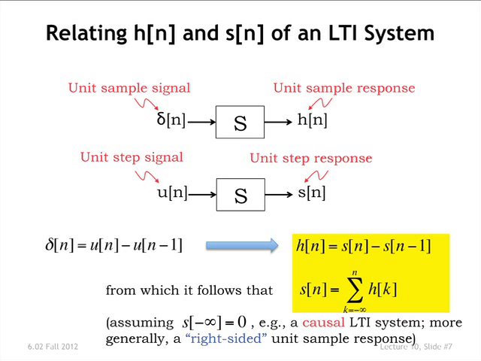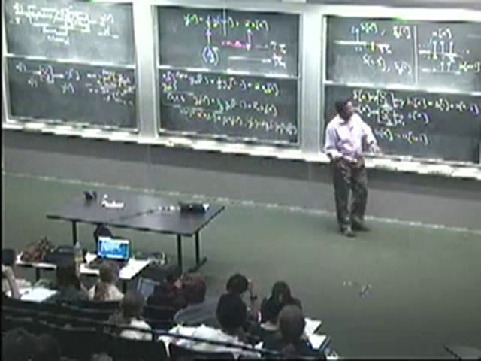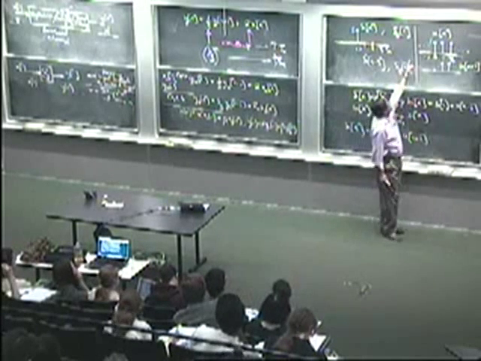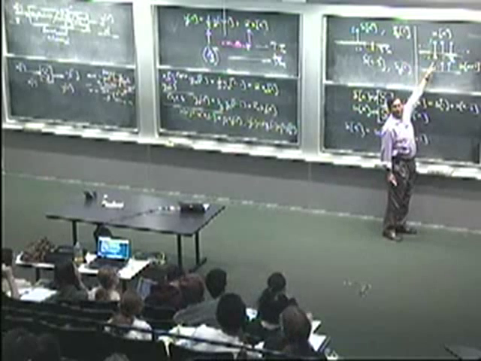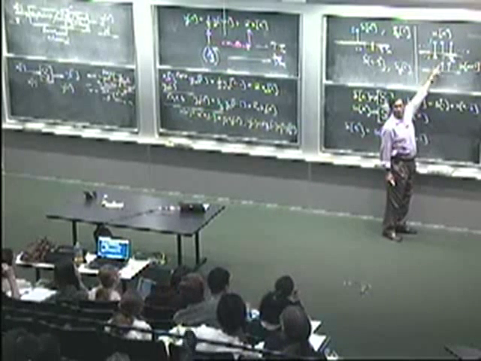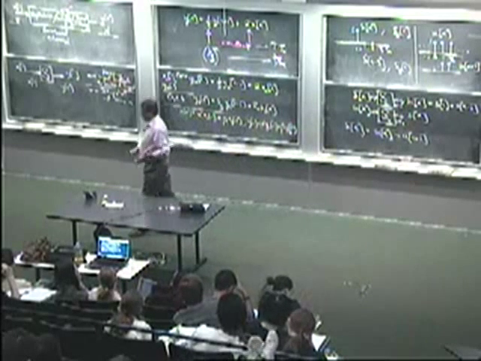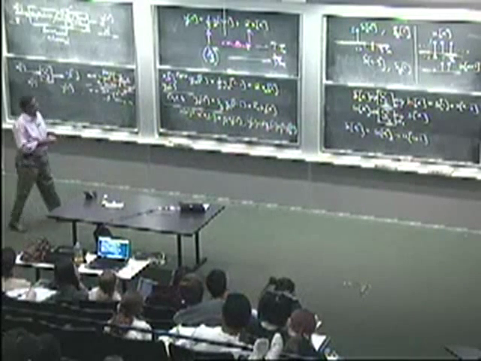Okay, so if I have a causal system, for instance, it's got no response till the input hits it. So when I put a unit step in, I'm not going to get a response till time 0. And so I know at minus infinity, the step response was 0. And I can move forward from there.